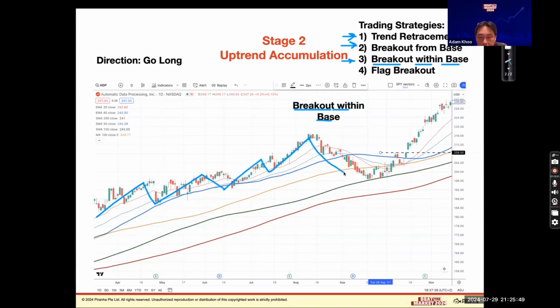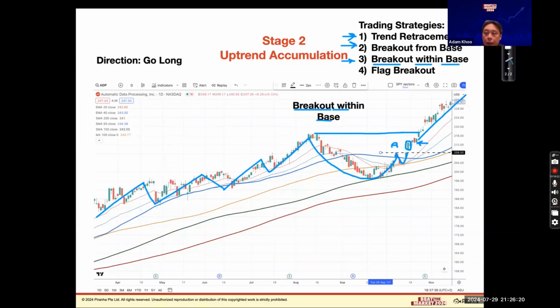Then it makes a temporary high, which we call point A, and then it pulls back. Once it breaks point A, we buy and catch the rest of the stage 2. This is called a breakout within base strategy. So you enter within the base, before the base is complete. This is the completion of the base, so we get in before the completion of the base.